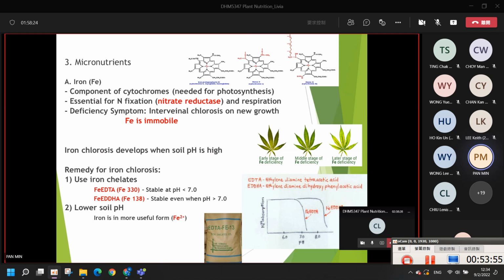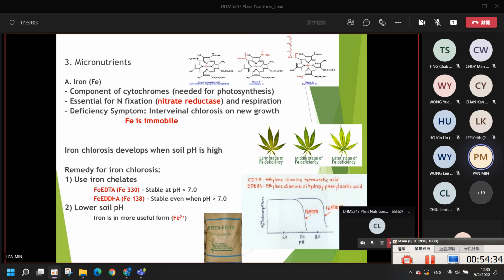The deficiency symptom for iron always shows as interveinal chlorosis on the new growth, because iron is an immobile nutrient, so the deficiency symptom will show on the new growth leaves first, as interveinal chlorosis. Iron chlorosis develops when soil pH is high.